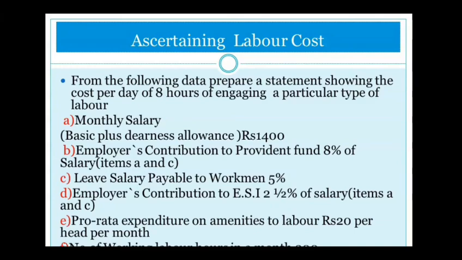Leave salary payable to workmen is 5%. Employer's contribution to ESI is 2.5% of salary. Pro rata expenditure on annuities to labor is rupees 20 per head per month. The number of working labor hours in a month is 200. With this information, we are going to calculate the labor cost.